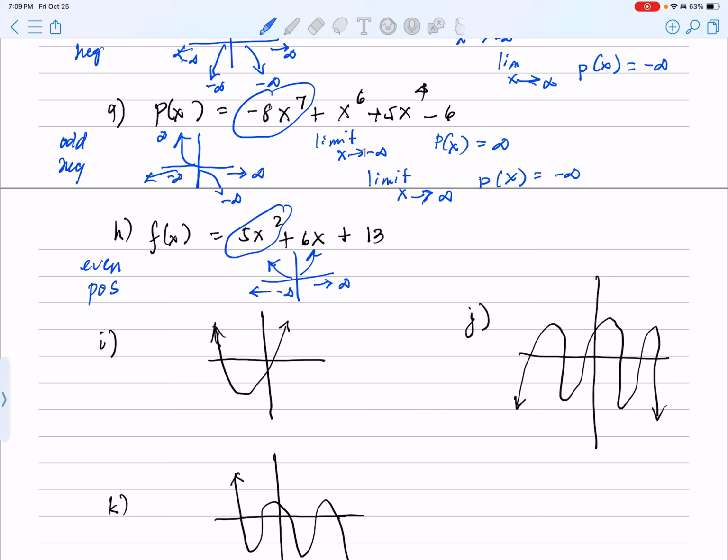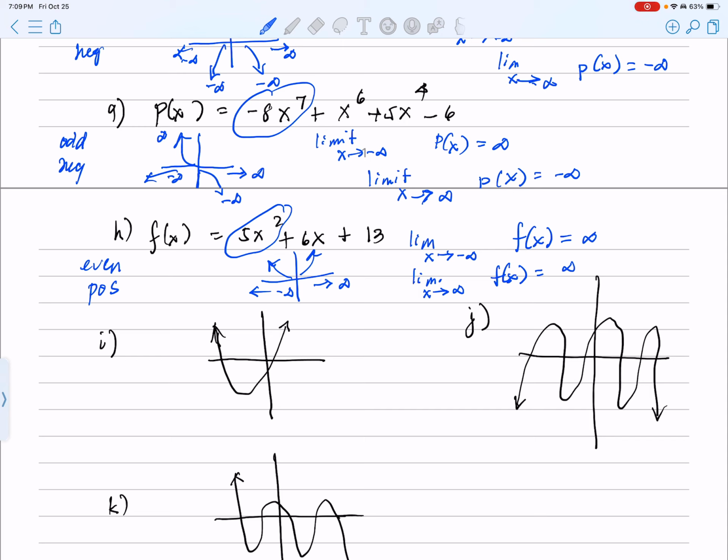So we could say the limit of x as it approached the negative infinity, the f of x approach also to positive infinity. At the same time, when x approaches a positive infinity, the function of x is also a positive infinity.